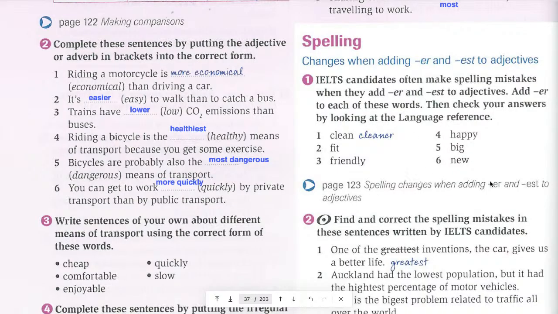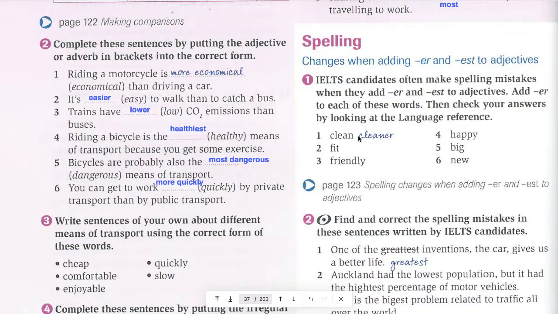IELTS candidates often make spelling mistakes when they add ER and EST to adjectives. Add ER to each of these words, then check your answers by looking at the language reference.